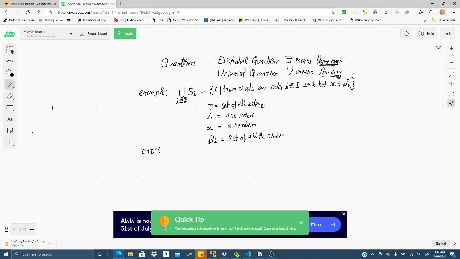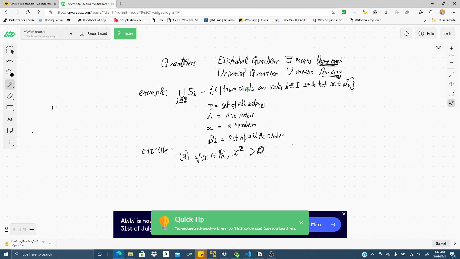Okay, here is an exercise. For all x's belonging to all the natural numbers, x squared, all the numbers that are multiples of themselves, are bigger than 0.